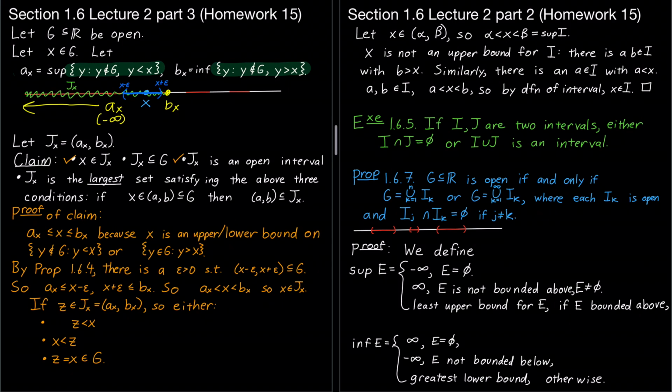So in the first case, remember, if z is in this interval, it's got to be bigger than a_x. And in the second case, it's got to be less than b_x.